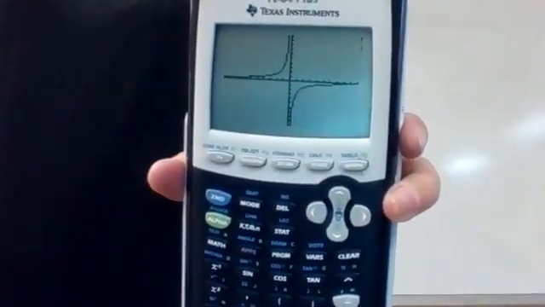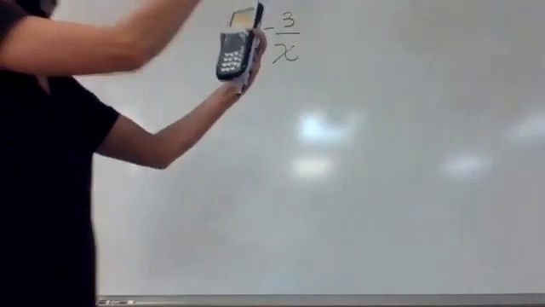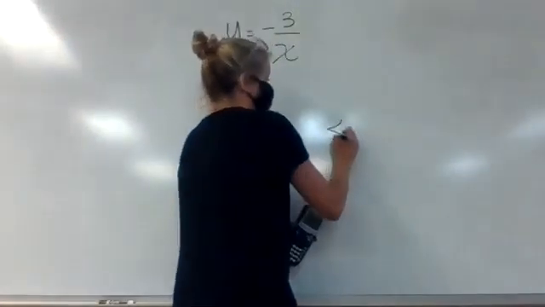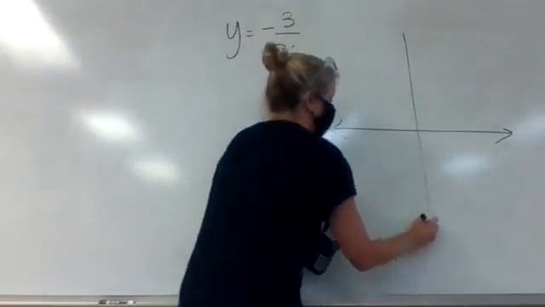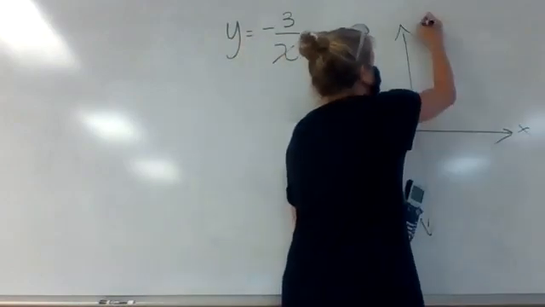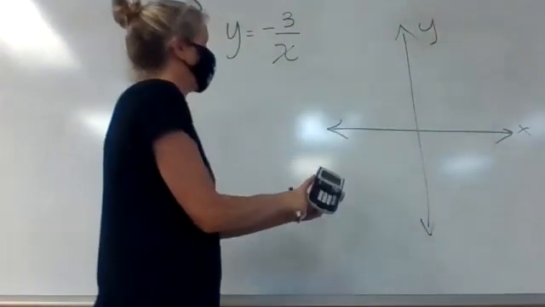So this is what's called a rational function. You should see, I'm just going to freehand this one without plotting points. Since it's multiple choice, you should see a graph that looks like this.